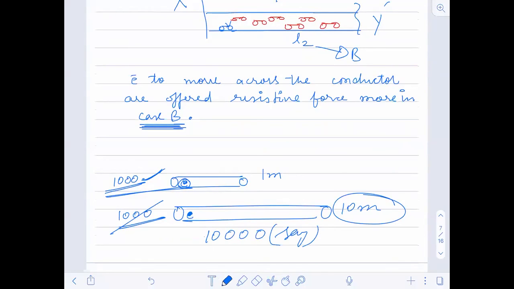So this electron will be offered resistive force by these many electrons, while this one will be offered resistive force by 1000 only. So where is the resistance more? In case B the resistance is more. There is very simple logic, I can understand it by simple reasoning. So I can say that as the length of the conductor increases, the resistance increases.